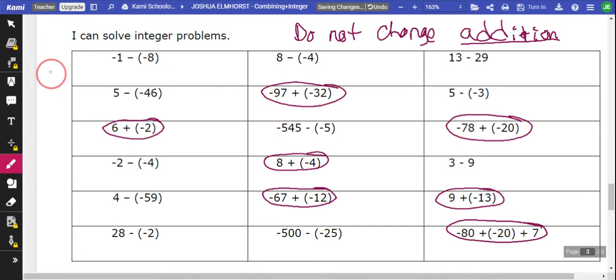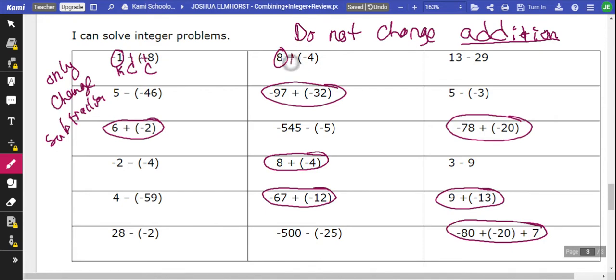All right. So only change subtraction. So subtraction, so we're going to keep, change, change.